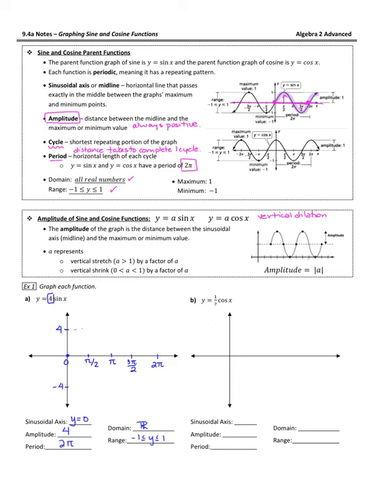Remember when you were in elementary school and you learned how to graph your letters? I like to put out a little dotted line so I keep track, since there is no graph paper below this. And then I go ahead and graph it. Sine starts on the sinusoidal.